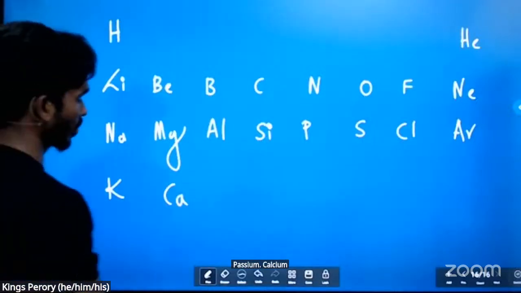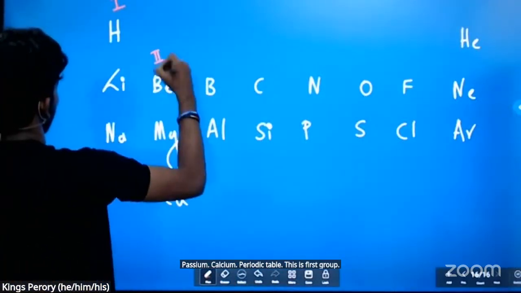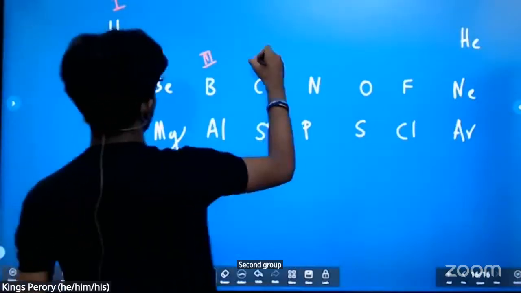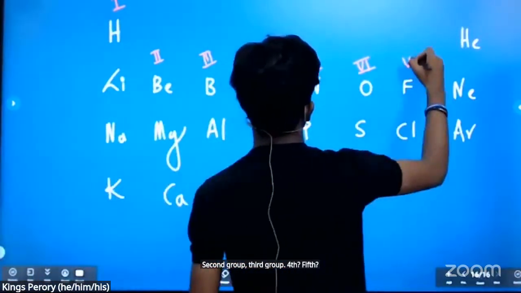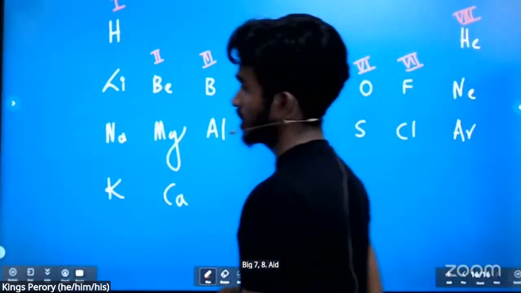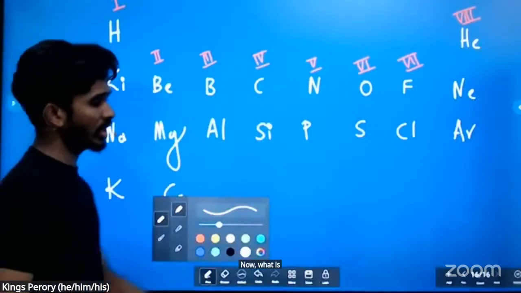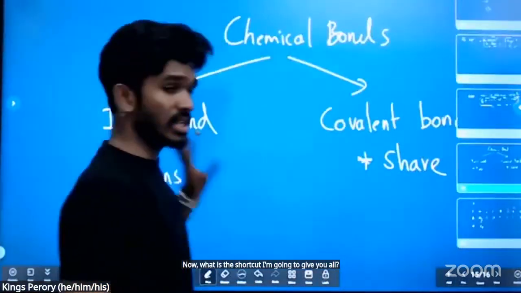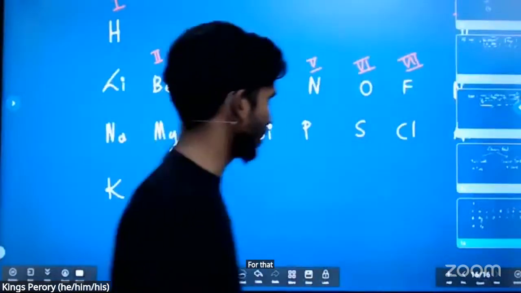This is first group, second group, third, fourth, fifth, sixth, seventh, eighth. Eighth group is also called noble gases. We know that. Now, what is the shortcut I'm going to give you? No need to memorize the ionic and covalent compounds in our syllabus. For that only I'm giving the shortcut now.